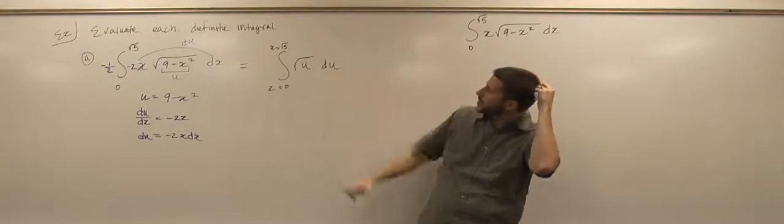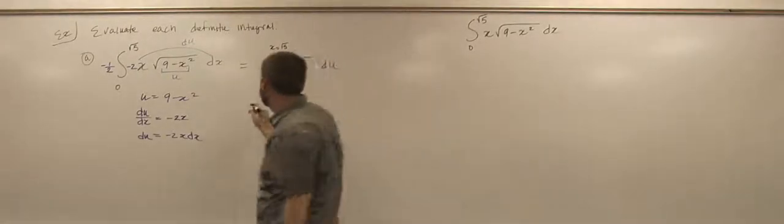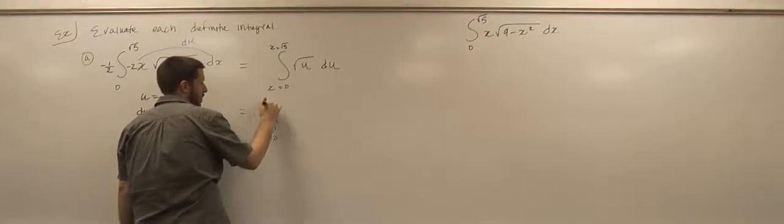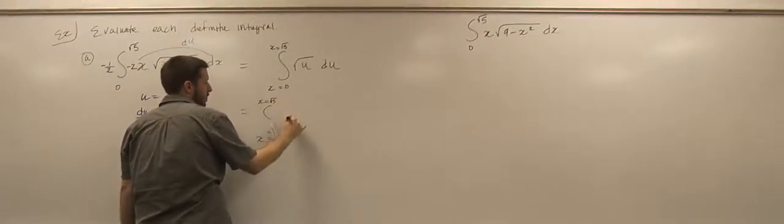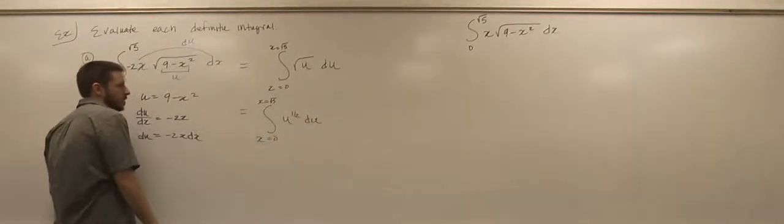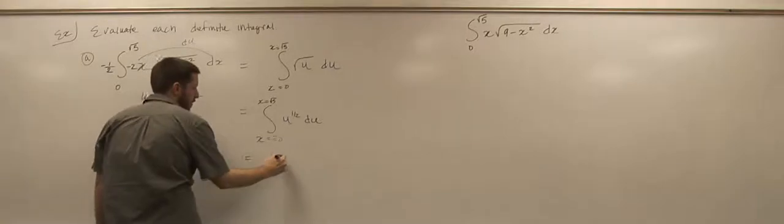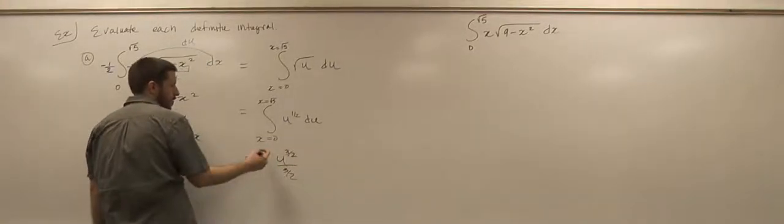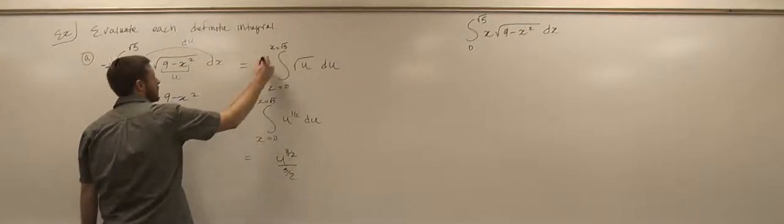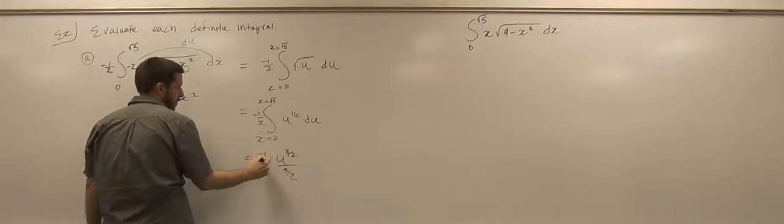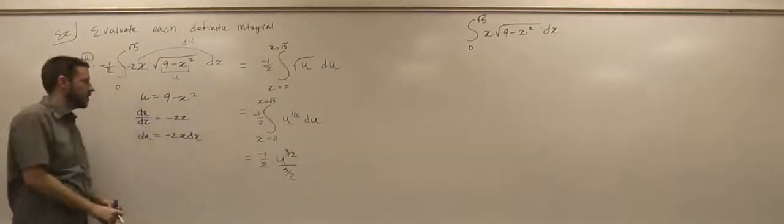Now, how do I actually do the integral of root u? Change it to u to the 1/2, add 1 to the power. Oh, I forgot my constant. Don't allow me to forget my constant. It's a grave error. This guy was out front.